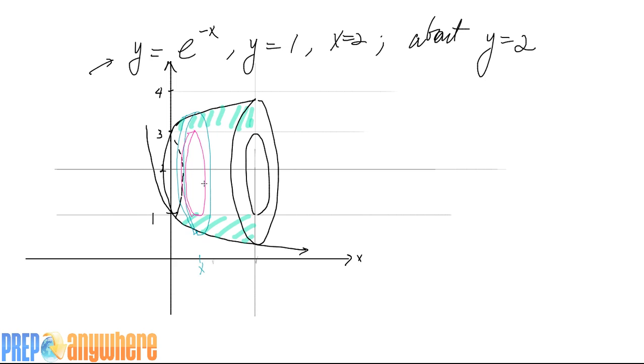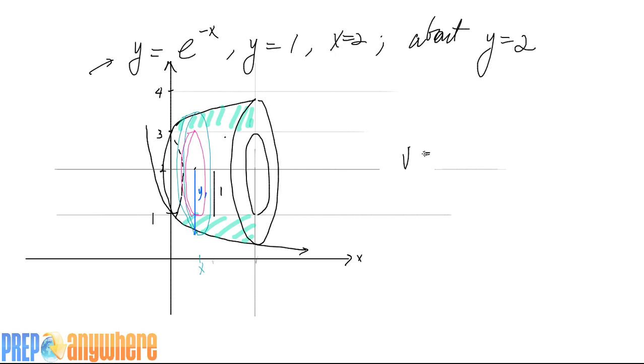First, the outer cylinder has this longer radius, from here to there, let me call that y1. The one inside is really straightforward. It's actually a cylinder with a constant radius of 1. So we can set it up like this.